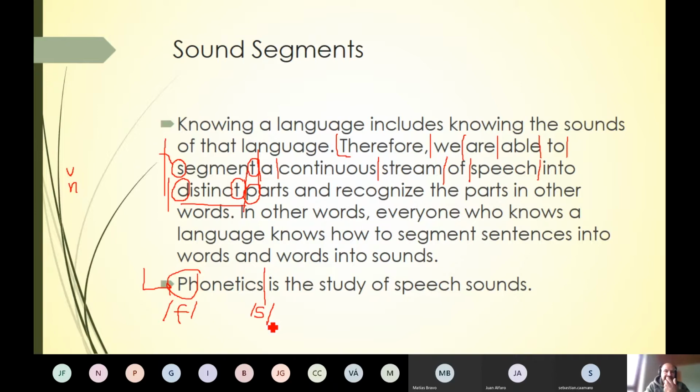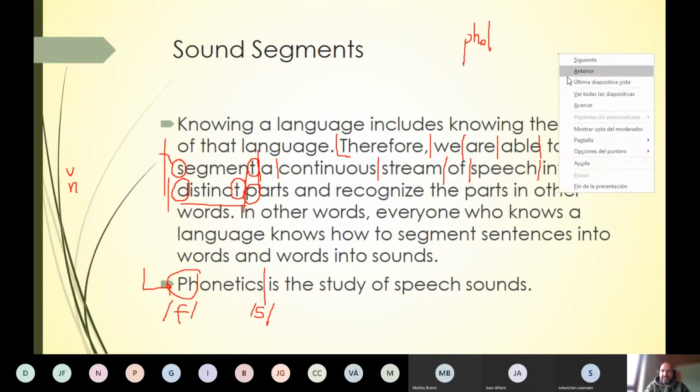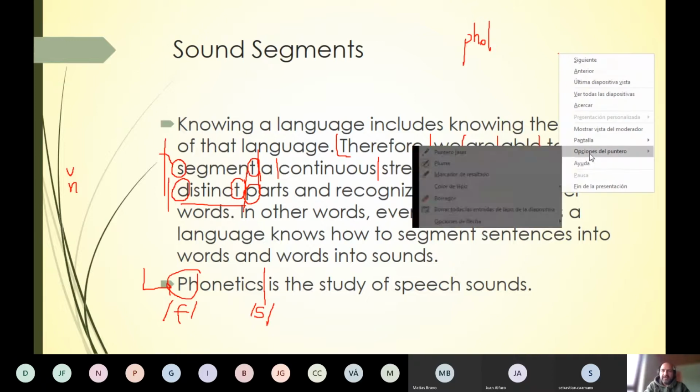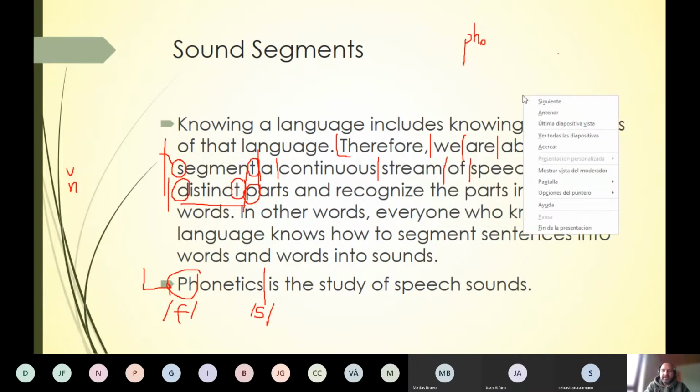Okay, so sound segmentation is the ability to isolate or identify the sounds which make up words. And we can divide the words as well in an utterance, in a sentence, in a statement. This is very helpful, and it's what is called phonological awareness, right?